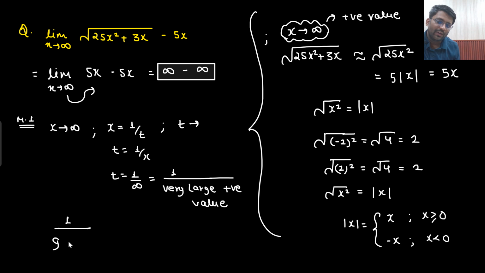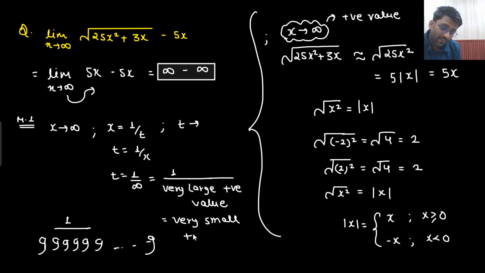Very large positive value, 9999999 or 1999999. So what will be the answer? Very small. The answer will be a very small positive value only. Do you understand this concept or not? What does that mean? T will tend to a very small positive value. Very small value means 0, and very small positive value means 0 plus.